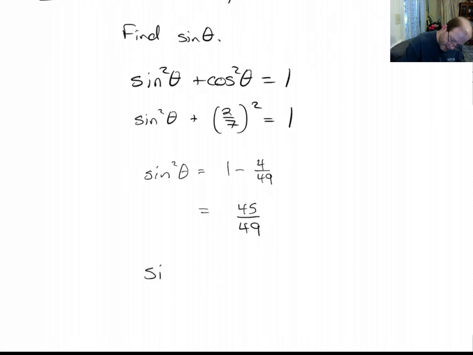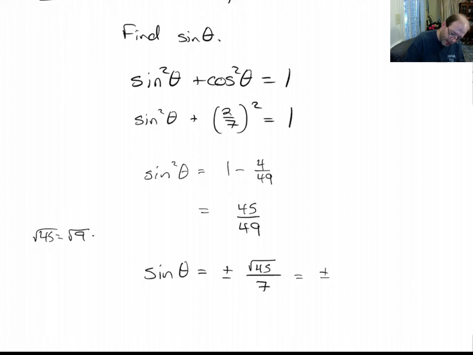So sine theta, if you take the square root of the top and bottom of that, you get plus or minus root 45 over root 49, which is 7. The square root of 45, you could break that into 9 times 5, so you get 3 root 5.